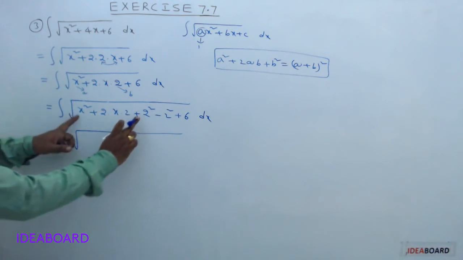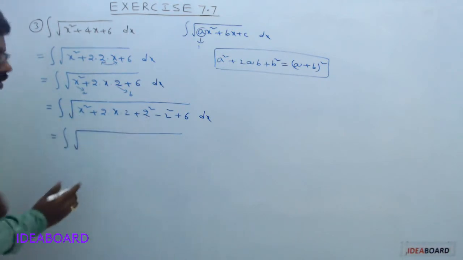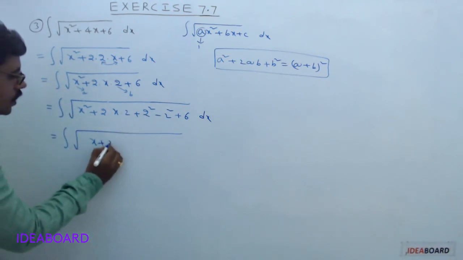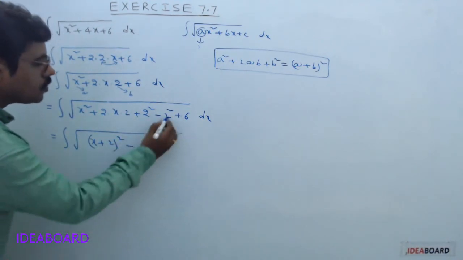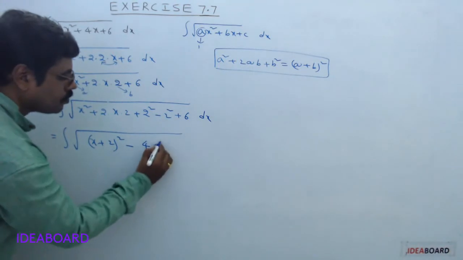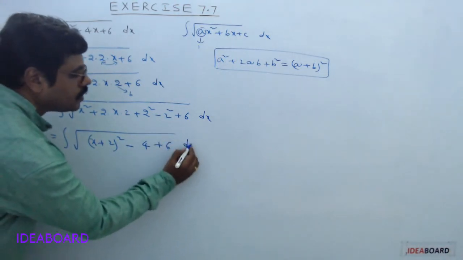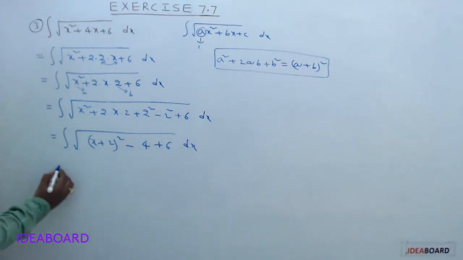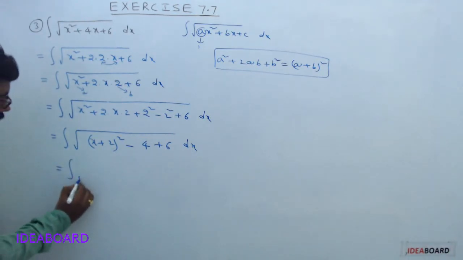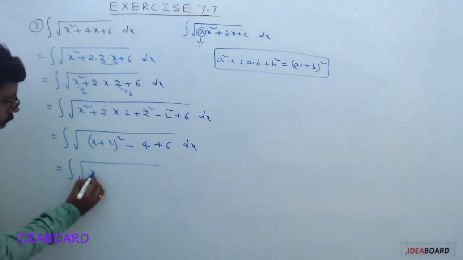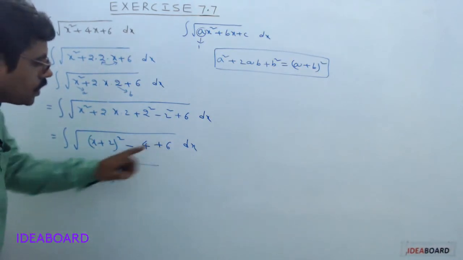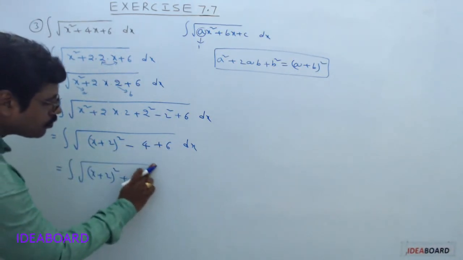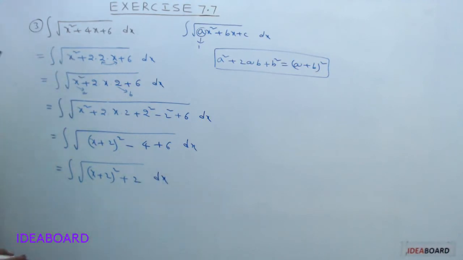The combination of these three terms can be taken as x plus 2 whole square minus 2 square is 4 plus 6 dx. Now this is integral square root of x plus 2 whole square minus 4 plus 6. It will be plus 2 dx.